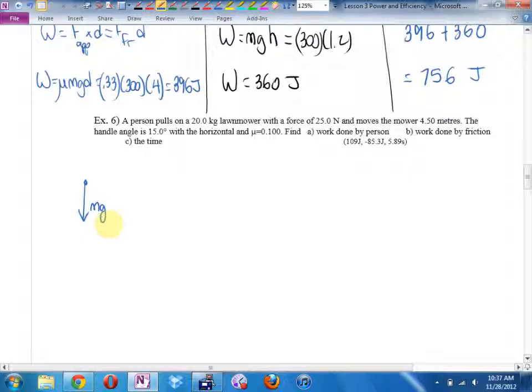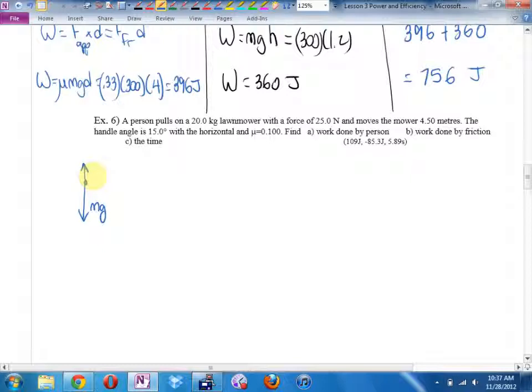So if I pull, what happens to the normal force? Does it get bigger, get smaller, or stay the same? Gets smaller. That cost a lot of you marks on your test, by the way. Hint, hint, wink, wink, nudge, nudge. I'm going to draw a shorter normal force. Like that. A shorter normal force.